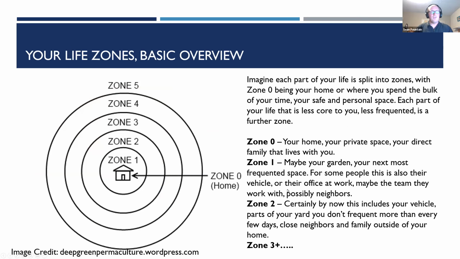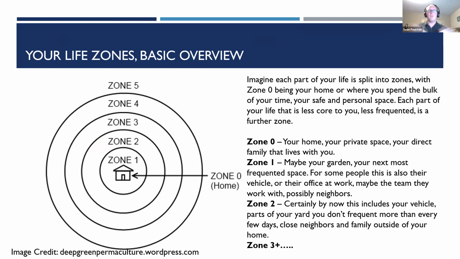I'm just going to go over this very briefly. This is not specifically an EV thing. This is a concept pulled from permaculture, the idea of separating your world into what they call zones, based on how important something is to you in your daily life. Zone 0 is like your home, something you encounter every day.